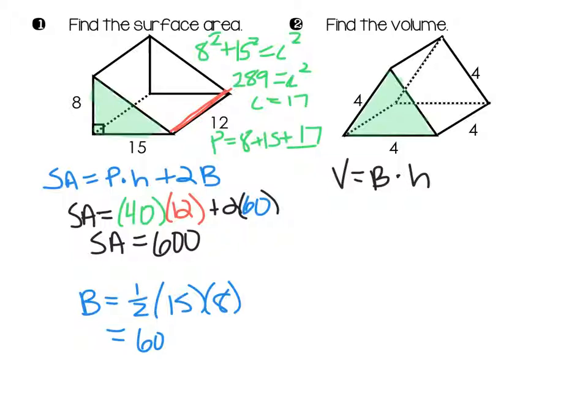I can plug into my formula that the height of my prism is 4. Now, for a triangle, for area, I need to find 1/2 base times height. And my base is obviously 4, but I need to know what my height is.